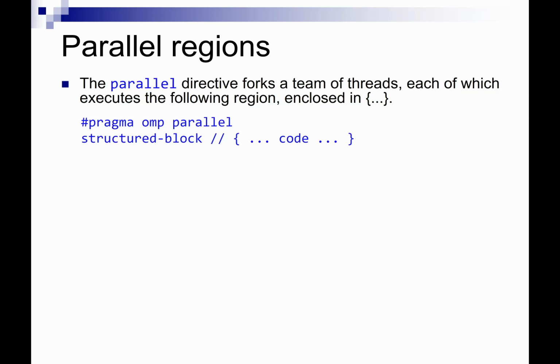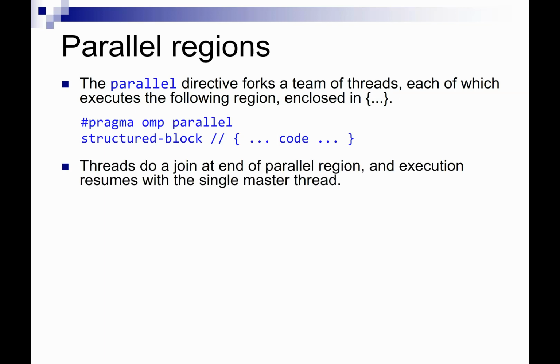Once you do that, this creates a team of threads, and the team of threads will now execute the next block of code. The block of code is enclosed in these curly braces, and whatever code is in here will be executed by the team of threads that's created. Then at the end of this block of code, at the end of the parallel region, the threads are going to do a join. That means you go back to having just a single master thread.